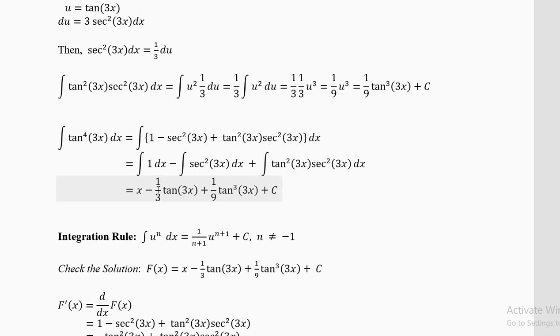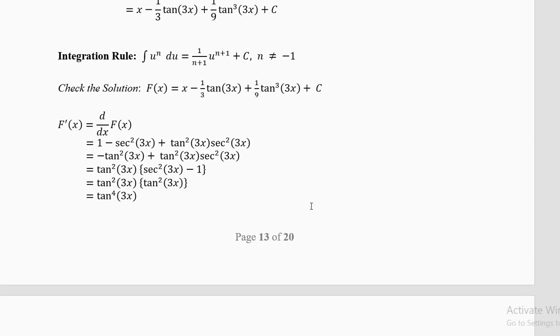So this is your answer. x minus 1 over 3 tan 3x plus 1 over 9 tan cube 3x. If you want, you can take the 9 common, but it's not really necessary, so we'll not do it. And you can check your answer by differentiation.